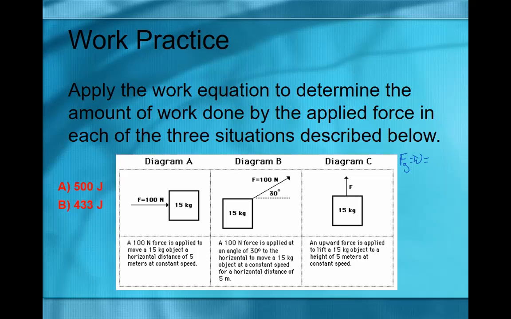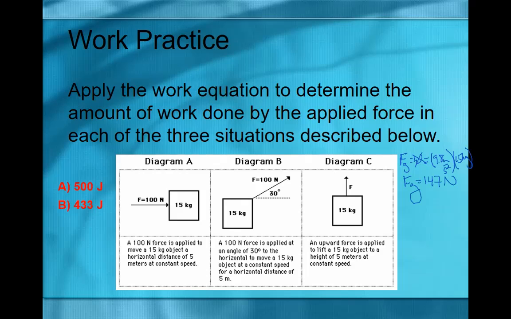F of G, let's just use that, is going to be equal to 9.8 meters per second squared times the mass, which is 15 kilograms. When we do that, we get an F of G equal to 147 newtons.